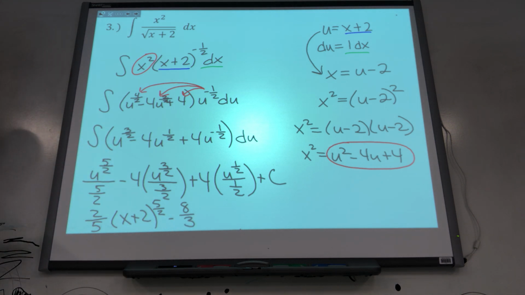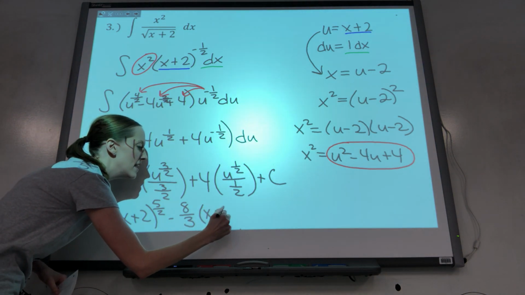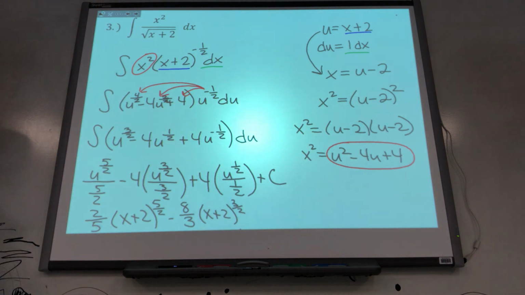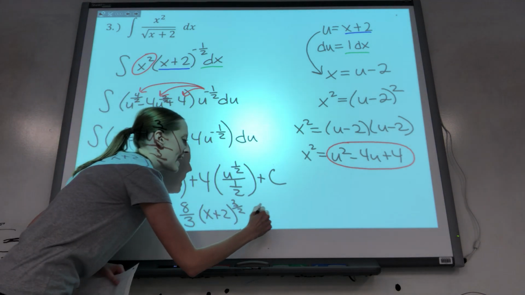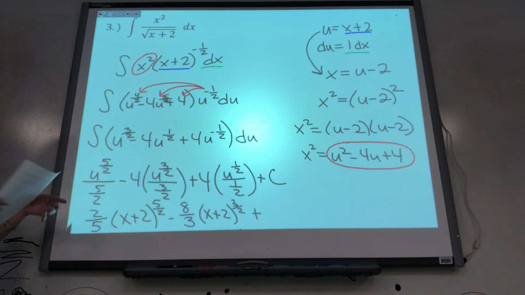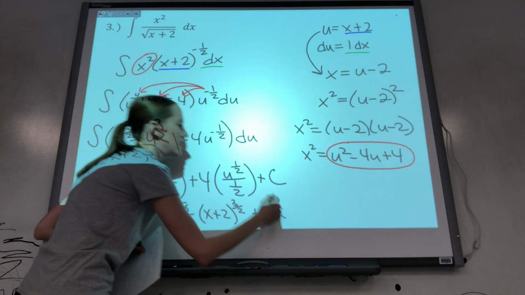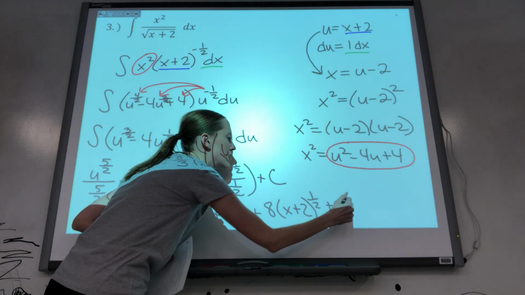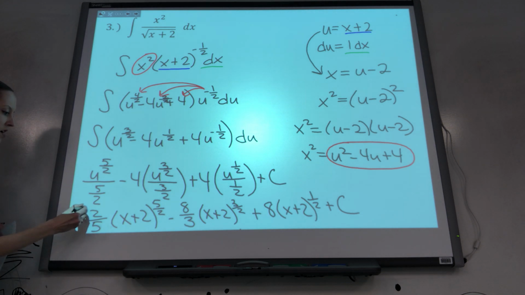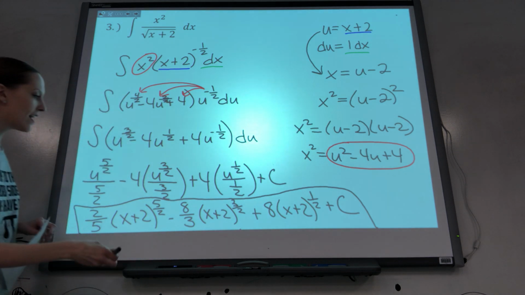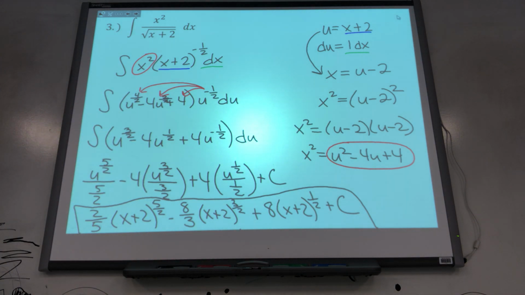So that didn't work out real nice, but I can leave it like that, times u to the 3/2 power. And last part, if you flip the 1/2 over, it's a 2. 2 times 4 is 8. So now that is 8 times x plus 2 to the 1/2 power plus c. That all the way at the bottom there, that would be our answer for number 3.